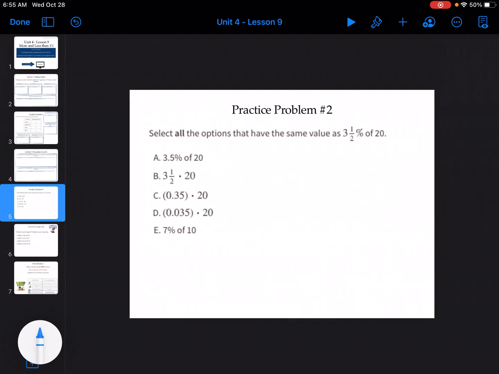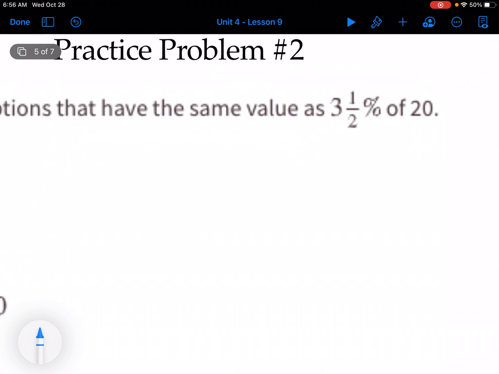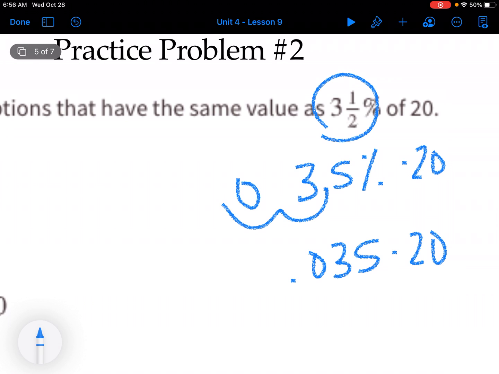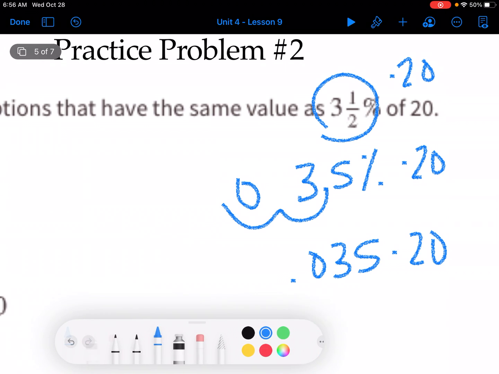All right, select all of the options that have the same value as 3.5% of 20. So 3.5 would be 3.5%. Move that decimal 2 places. So it could be 0.035 times 20.